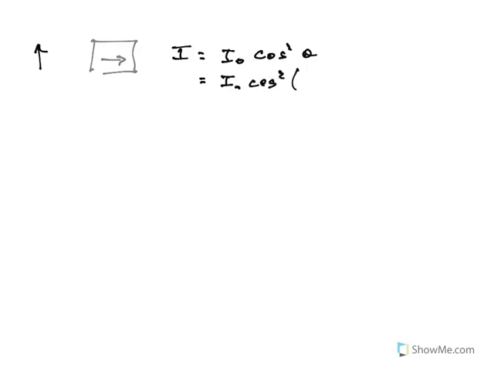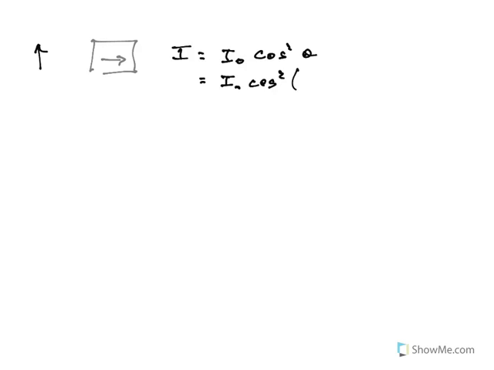So what does this mean? Well, one thing it means is this. Let's say we start with light polarized upwards, and I try to pass it through a filter which is polarized horizontally. And we want to ask the same question, how much light gets through? Well, I equals I naught cosine squared of theta.